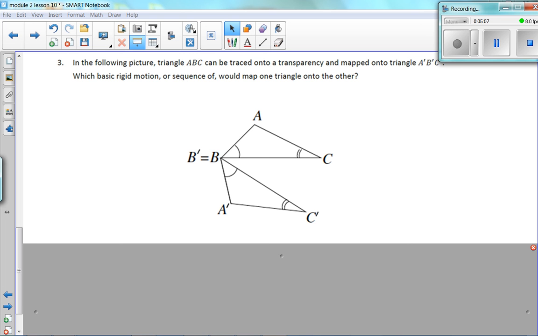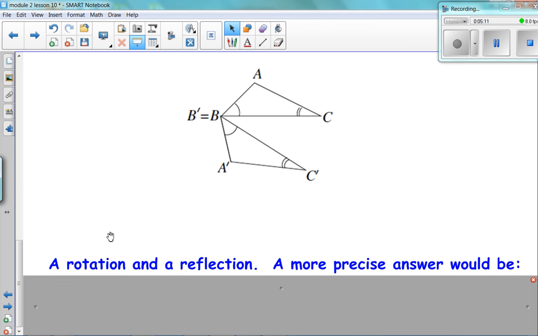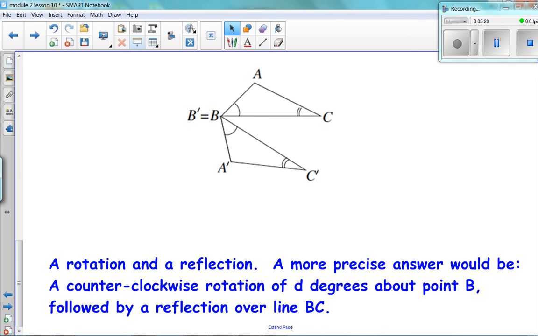So if you tried this, it may have been obvious to you to do a rotation and a reflection. But let's give a more precise answer. A more precise answer would be a counterclockwise rotation of d degrees about point B, followed by a reflection over line BC. You're not just saying it's any reflection, you're actually giving the line, I'm sorry.